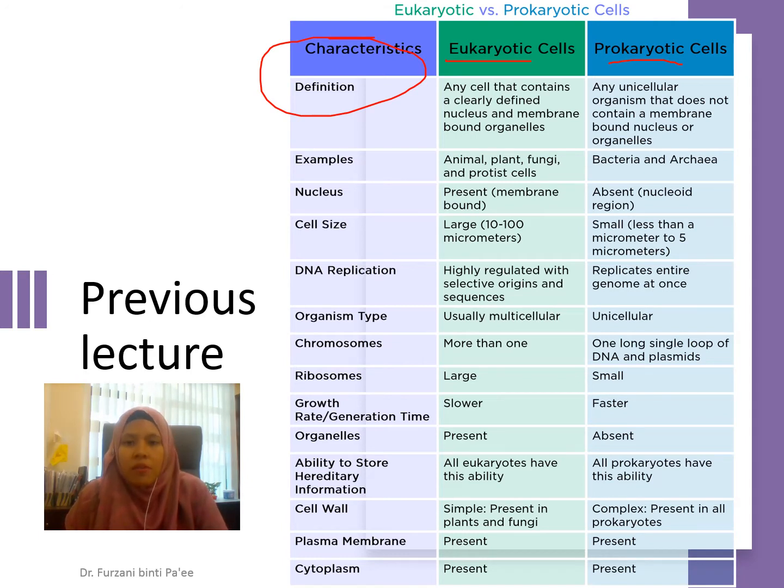If you are not mastering these 2 cell types, you may find some difficulties in later lectures, because this is the fundamental. So we need to know the differences. I'm sorry because of where the camera is located, I don't know how to move it, so please refer to this table in the last lecture notes.